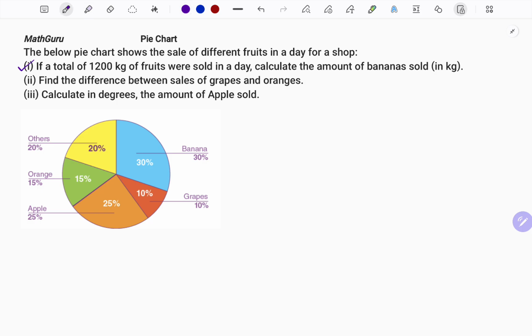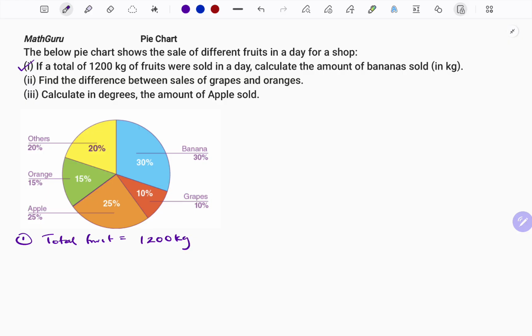I'm starting with the first part of the question. It says if a total of 1,200 kilograms of fruits were sold in a day, calculate the amount of bananas sold in kilogram. So note that the total fruit equals 1,200 kilogram.